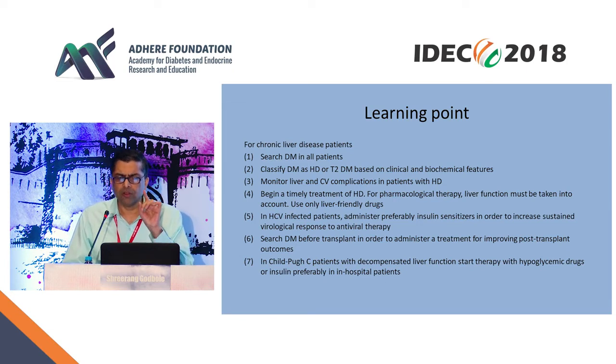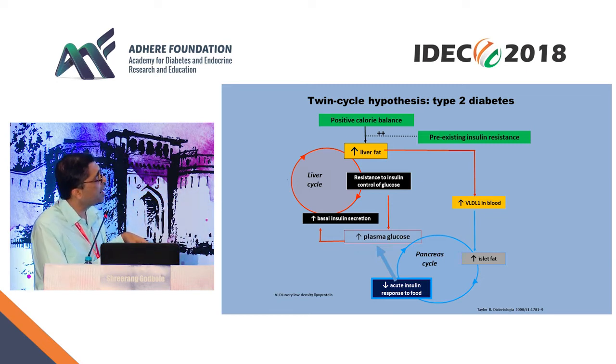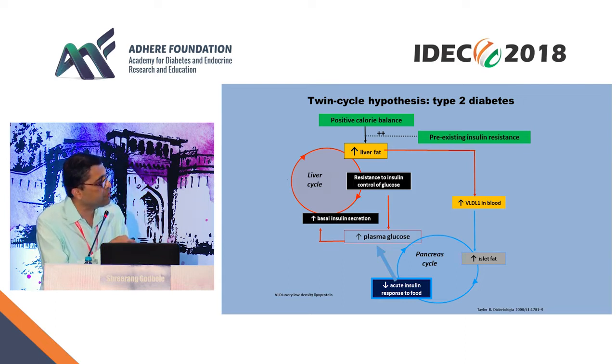My final, or the last but final point. I said the liver defect comes before the pancreas defect. I'll explain how. And this is called the twin cycle hypothesis. So if you have a positive calorie balance, increased intake of calories on a sustained basis, that's going to lead to an increase in the liver fat.